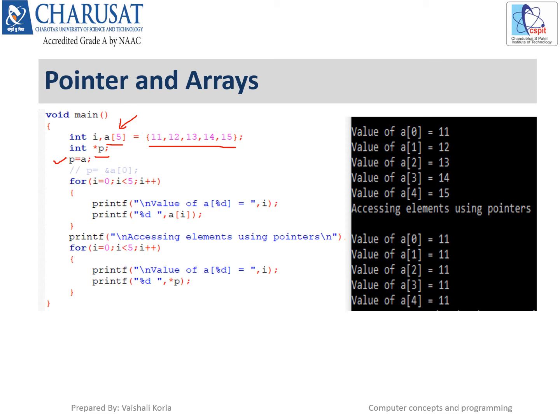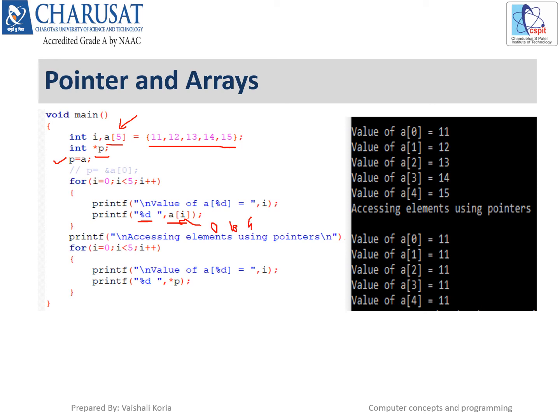Now, when we want to print the values of the array elements, generally we use this format. We write %d, and at the place of this %d, we have to print the value of a of I. The value of I would be from 0 to 4.